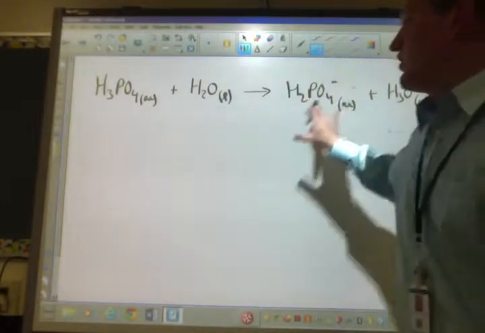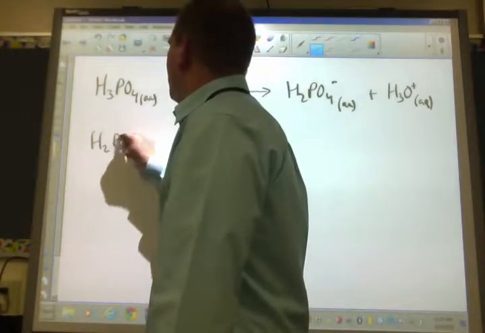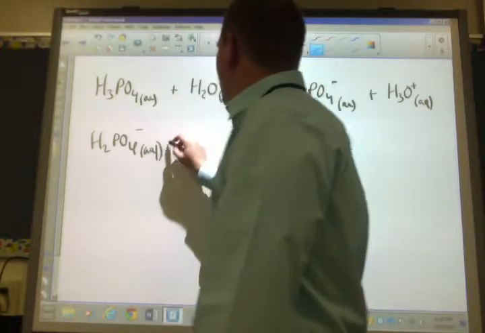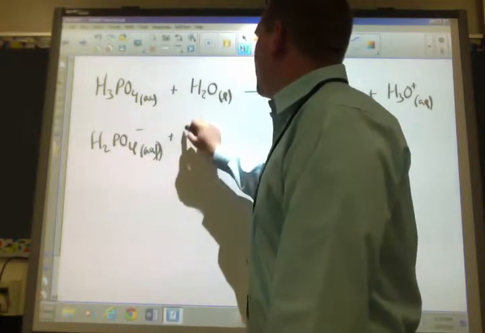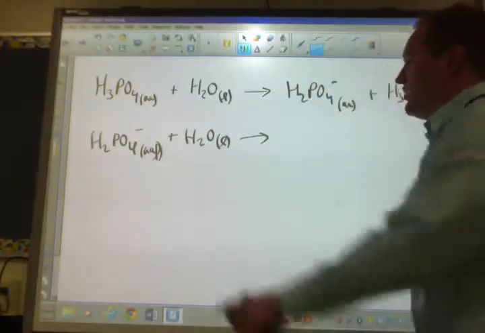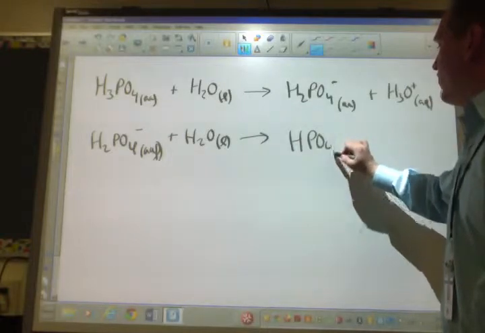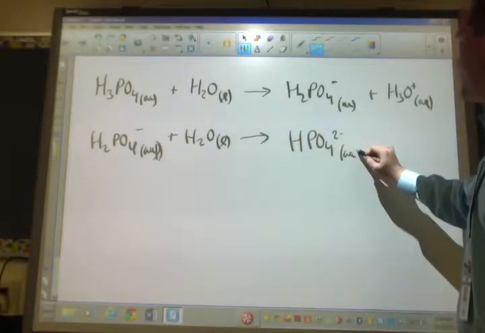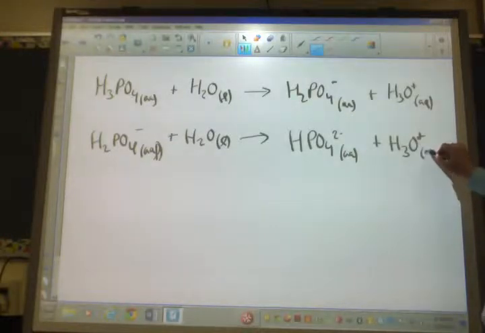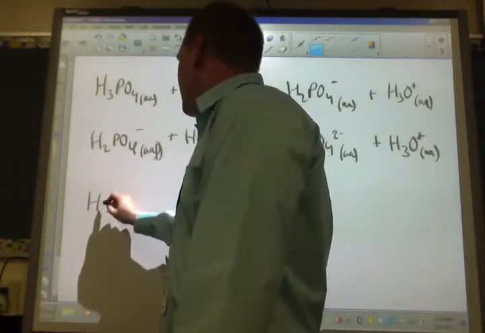Next, this product is going to lose a second proton, so I'll rewrite it down here, H2PO4 minus aqueous plus another water liquid yields. So after this loses a proton, it becomes HPO4 2 minus aqueous plus a second hydronium. This is now going to lose its third proton in another step.